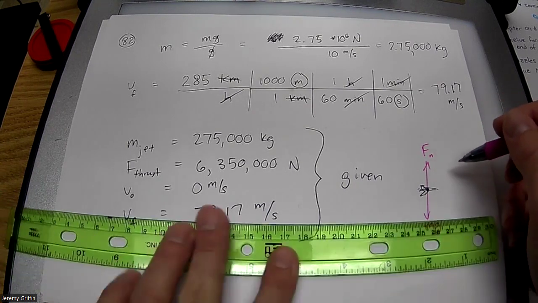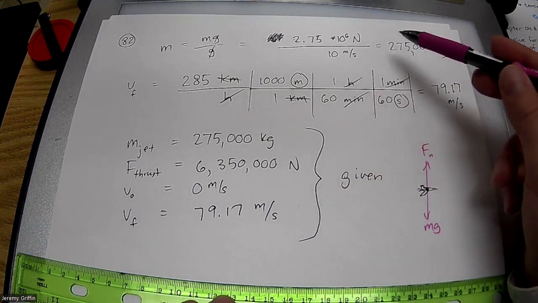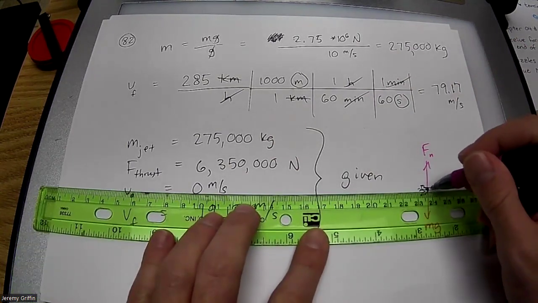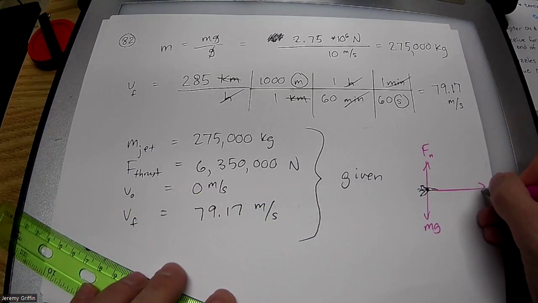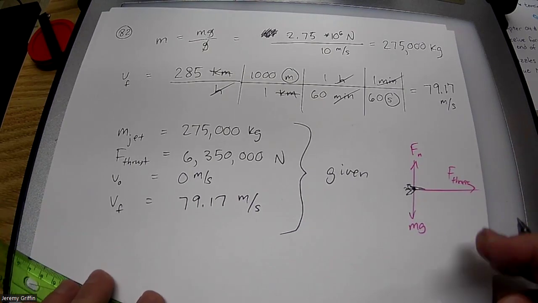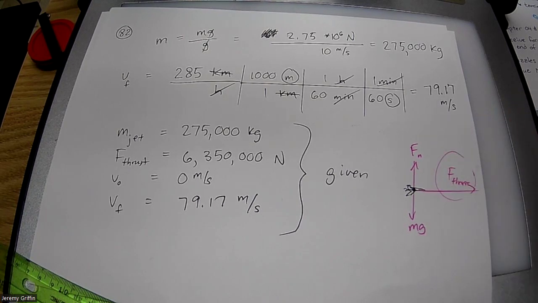I'll just kind of incorporate that anyway. This thrust force, 6 million newtons compared to the weight. Do you guys see the thrust force is like approximately 3 times the weight? Okay, so I'll try to draw it to scale that way. Up thrust. There you go. I bet the free body diagram looks roughly like that. Okay, and the thrust force would be the net force. All right, you guys good to go?